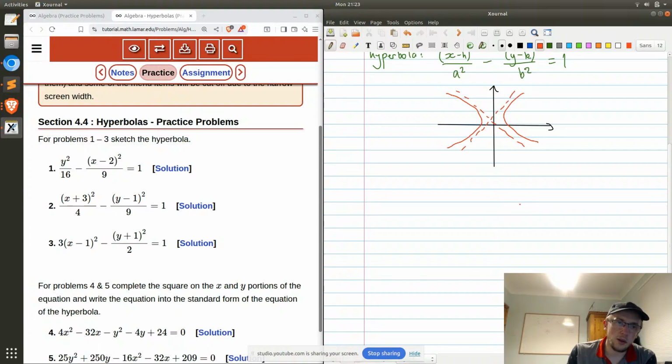All right. So anyway, enough of the blah, blah, blah. Time to think about what the hyperbola actually looks like in the first place. So how am I going to do this?